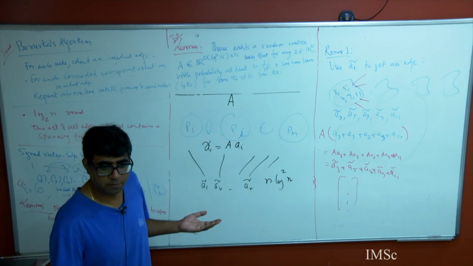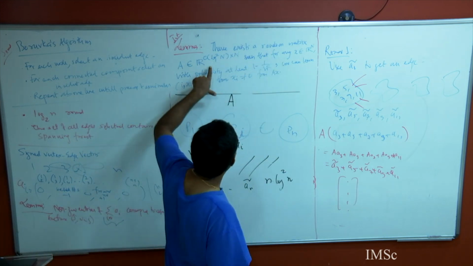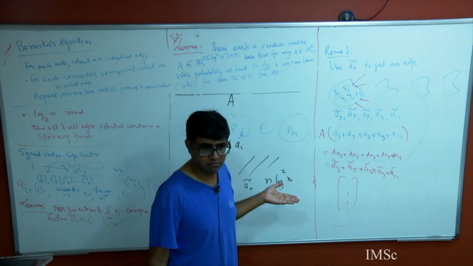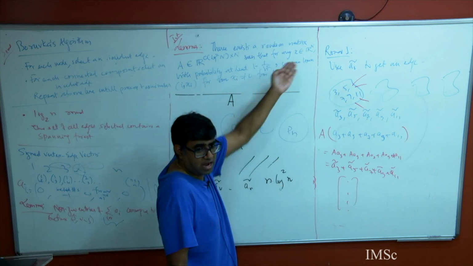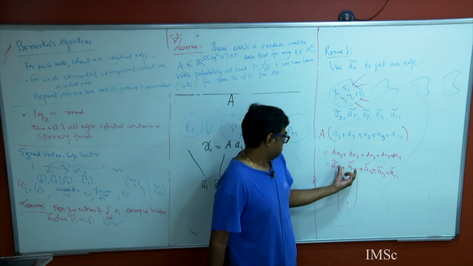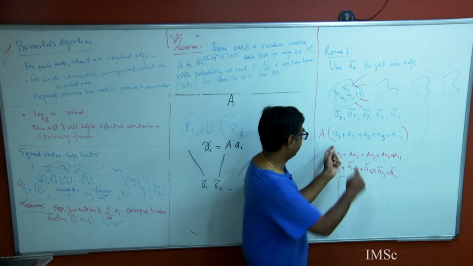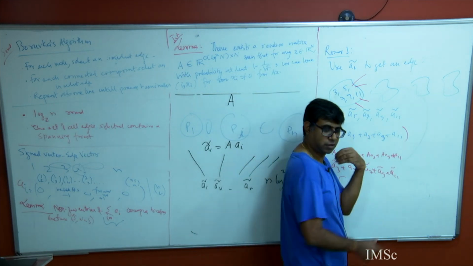Why should it not give me information? Think about it. It says there exists a random matrix A, so A is chosen randomly, and for any x in R^n, this should give me this information. So the x which you had in your head, A3 plus A5, call it A star.